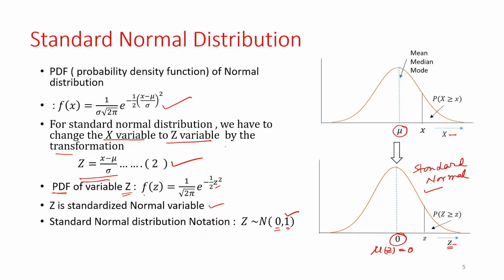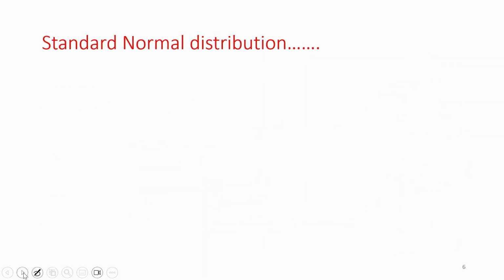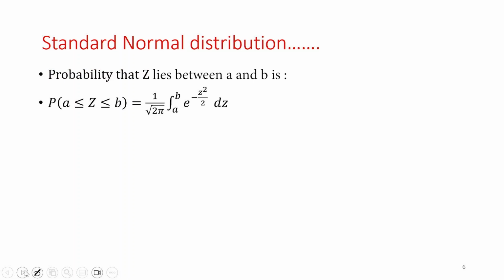That is the beauty of this standard normal distribution, that it can be proved that it has a mean which is 0 and a standard deviation which is always 1. And any normal distribution can be transformed into standard normal distribution by simply transforming the x variable to the z variable.